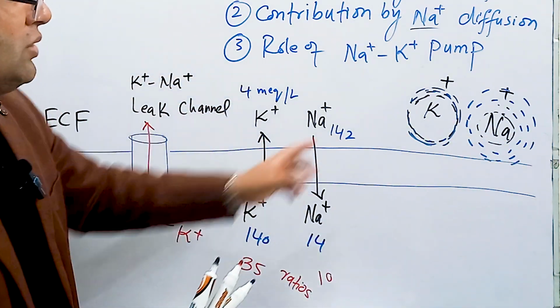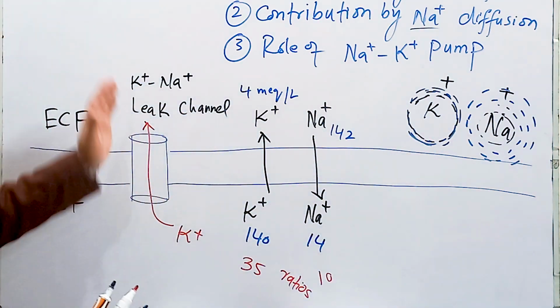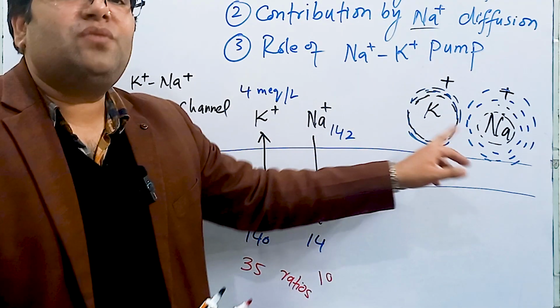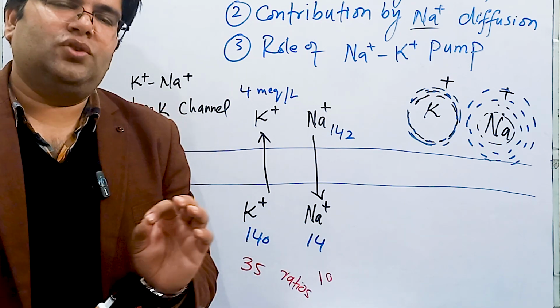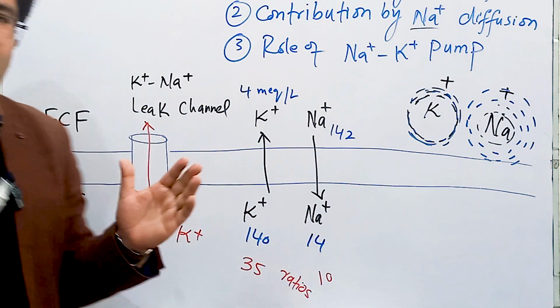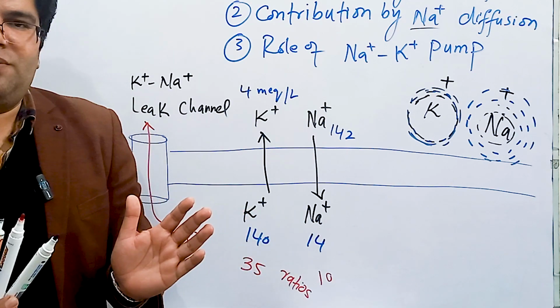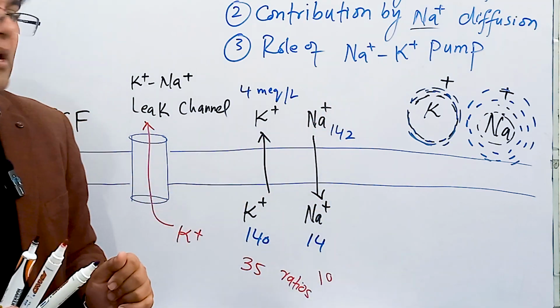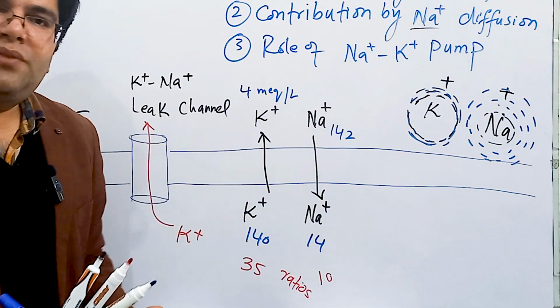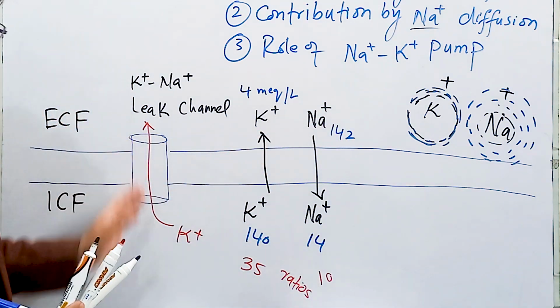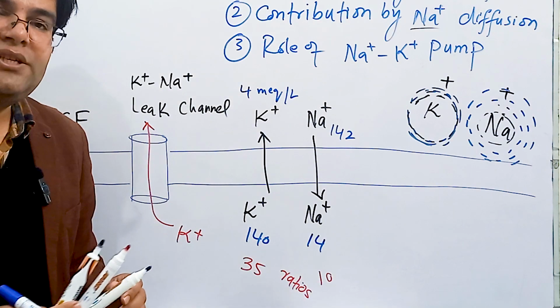So practically speaking, in our body, the hydrated size of potassium is smaller as compared to the hydrated size of sodium. Both of these ions have to pass through the same leak channel, so they will compete with each other. So which one will be easier to pass through this leak channel? What do you say? Sodium or potassium? Here the hydrated size will matter, and the hydrated size of potassium is smaller. So it will be easier for potassium to diffuse through this leak channel.